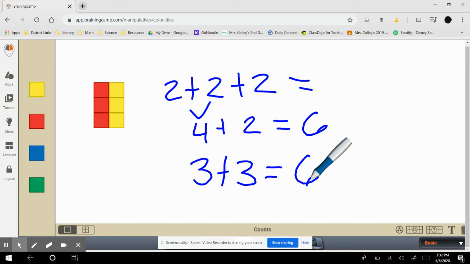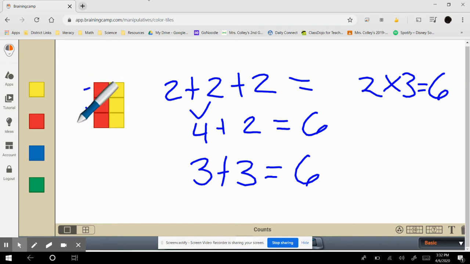My multiplication would be how many columns by how many rows? I have 2 columns, so 2 times 1, 2, 3 rows. 2 times 3 equals 6. I could also say how many rows? 1, 2, 3.